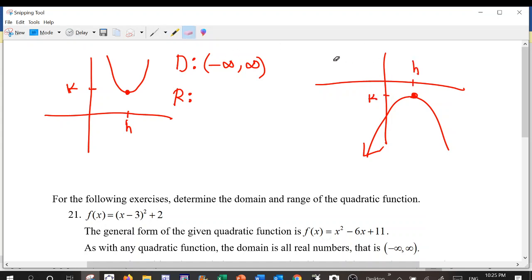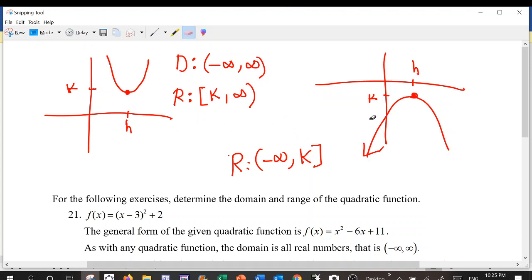Again, domain is the same for both, but the range of this one starts from k and goes to infinity. So it's k, and k is included. And for this one, the range starts from negative infinity and goes to k. So we have negative infinity to k, including k, right?